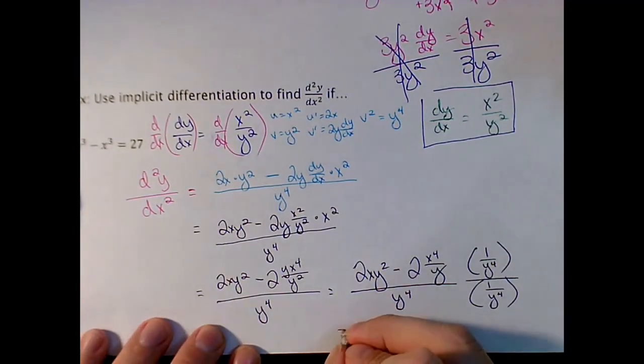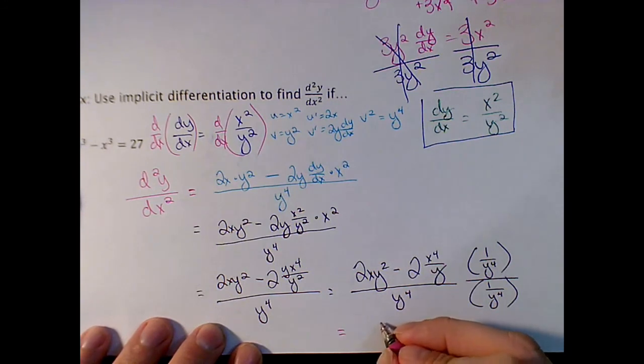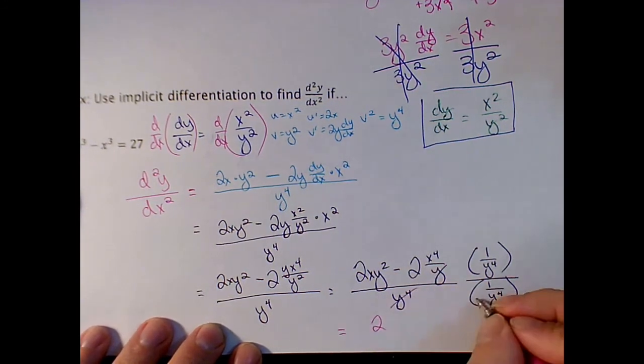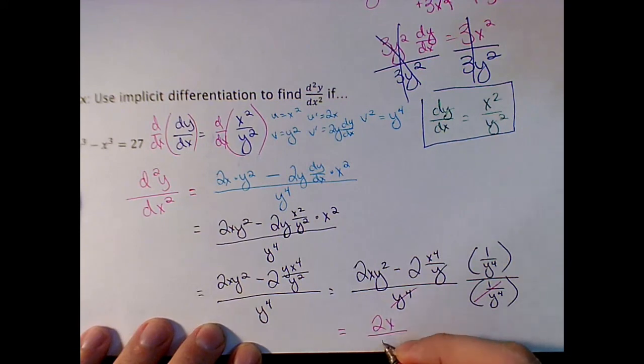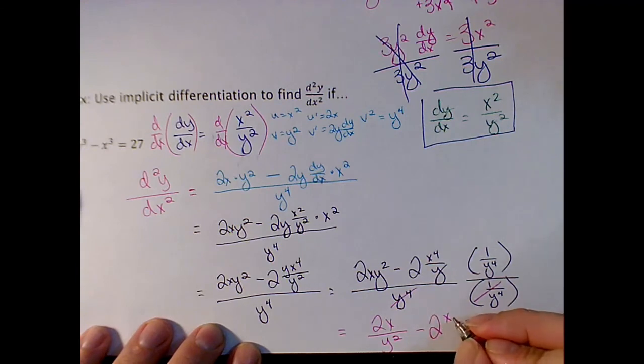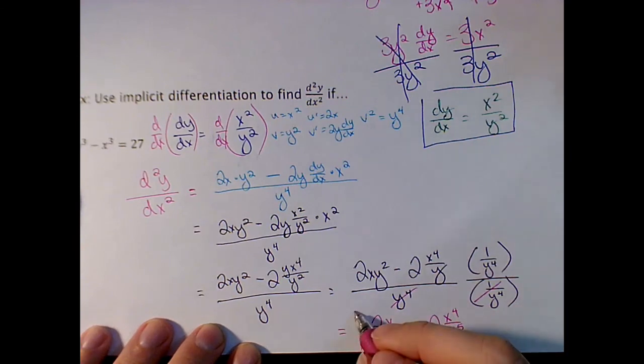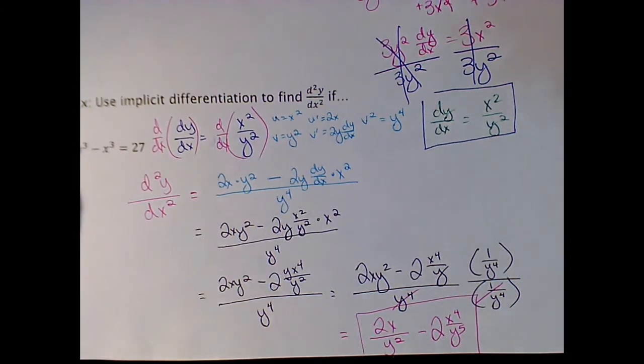And that's going to give me, that cancels out, 2x over y squared minus 2x to the fourth over y to the fifth. Whew! I never said it would be easy. I just said it would be fun.